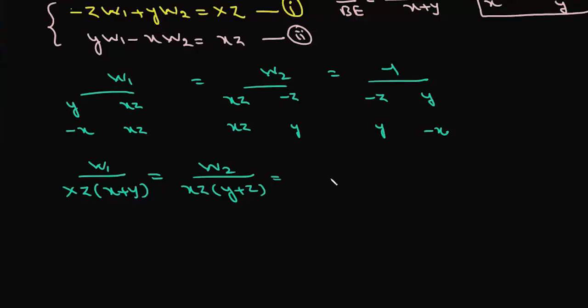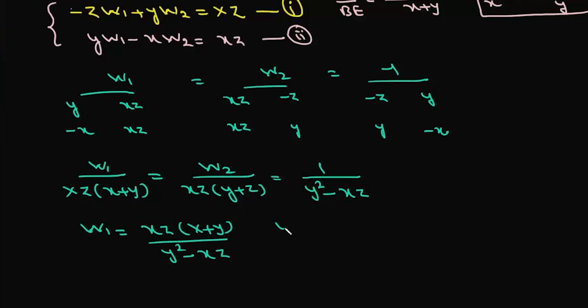So we'll take this minus down, so it will be 1 upon Y square minus XZ. So from here we can write W1 as XZ (X plus Y) upon Y square minus XZ, and W2 as XZ (Y plus Z) divided by Y square minus XZ.